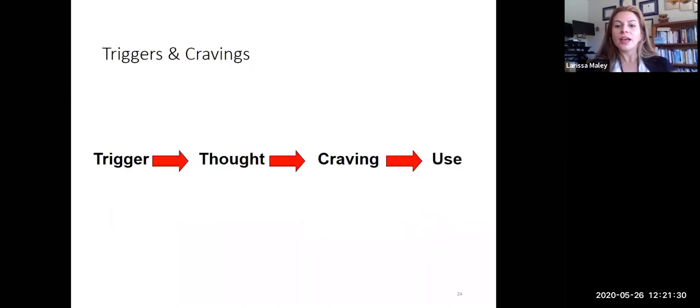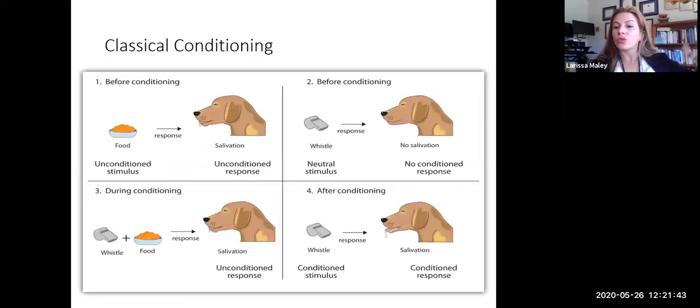If you think about it, there's always a thought before there's a craving, and there's always a craving before there's an urge to use. What triggers the thought? Well, those are unique to the individual. Those are the environmental cues, external or internal, that are causing that craving to come into awareness.